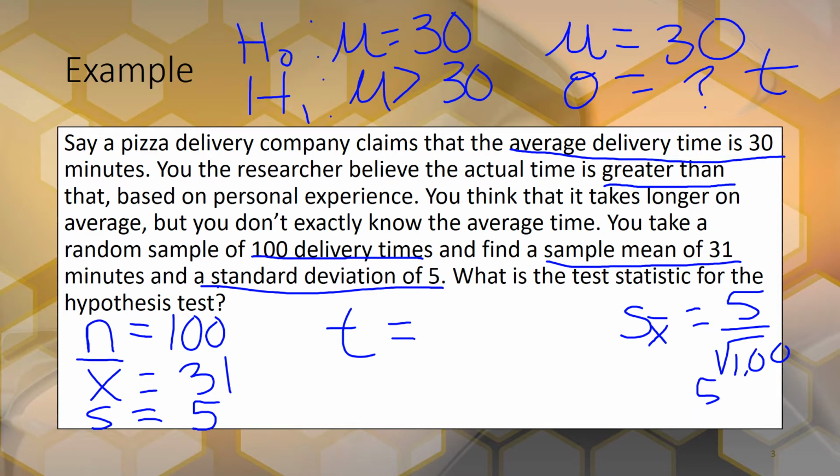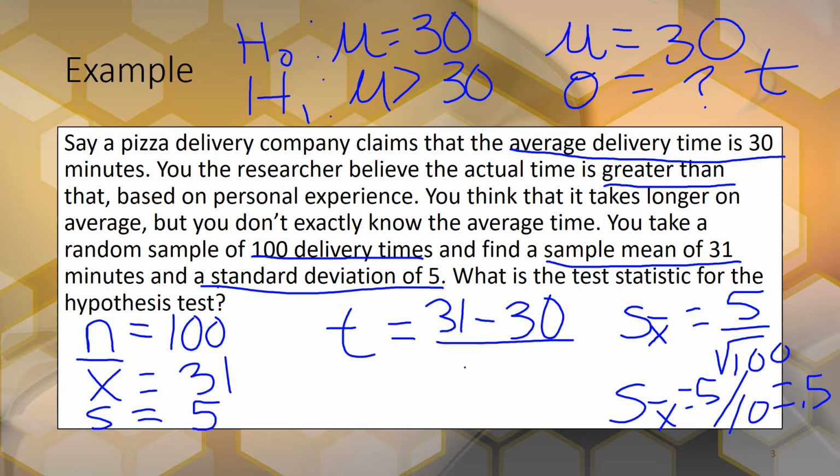So we have 5 over 10, which equals 0.5, or 1/2. And then to get the t, you take the sample mean minus the population mean from the null and divide by the standard error. So we're going to get 1 divided by 0.5, which is 2. So we still get 2 even though we're using a t-statistic in this example.